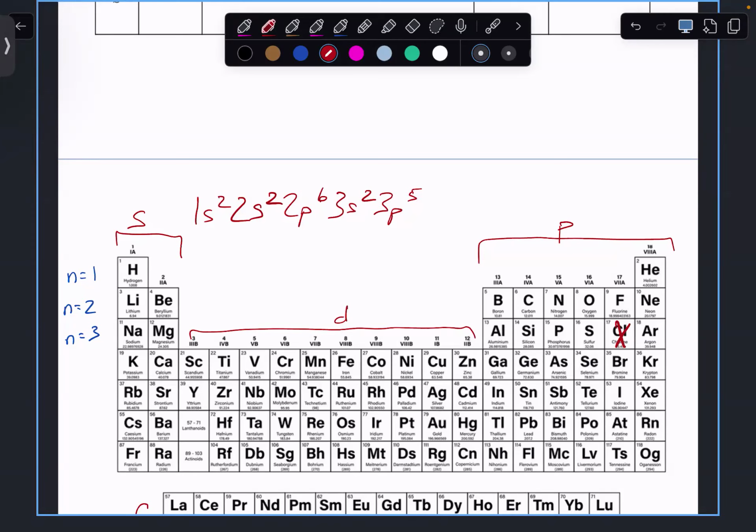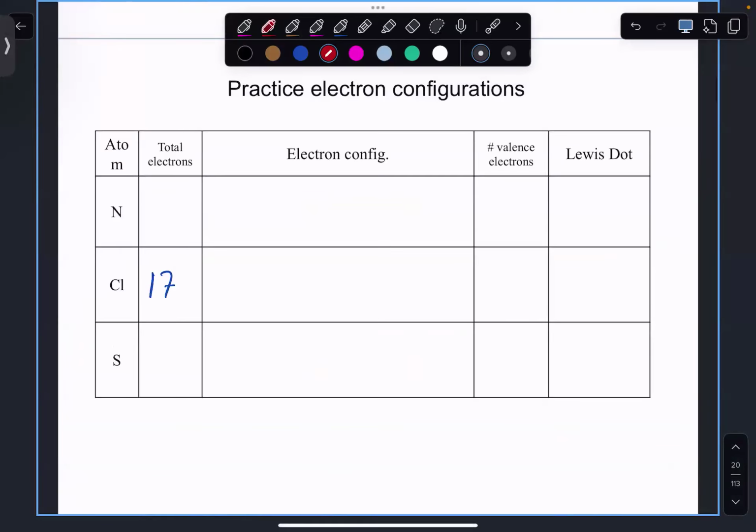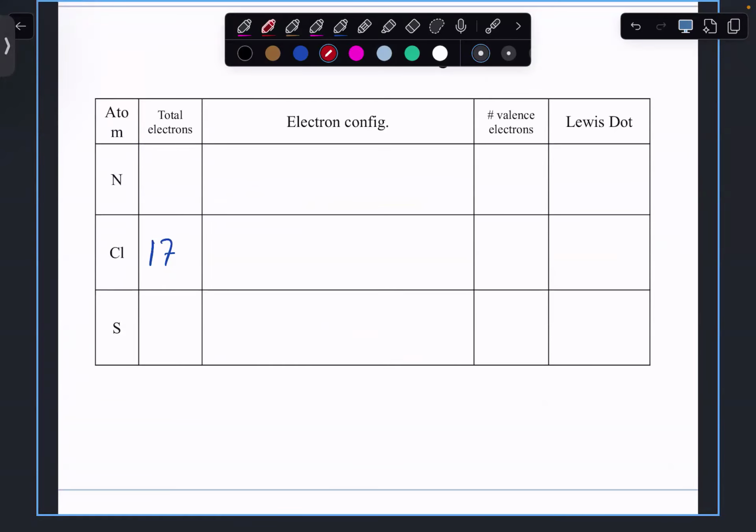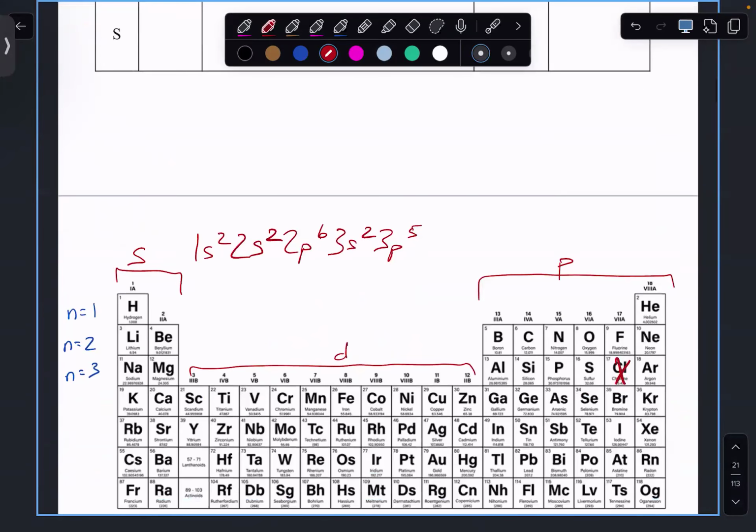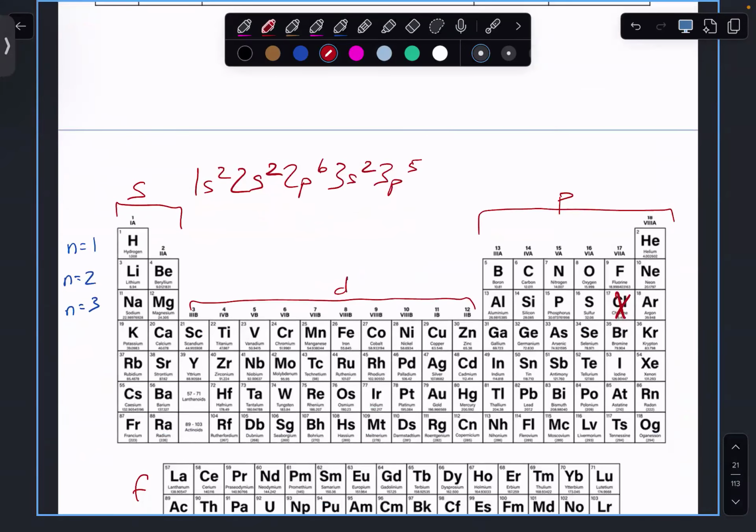So what a lot of times people will do, instead of writing out this exhaustive list, is they'll use a kind of shorthand, what we call noble gas configuration. And the noble gas configuration is really, really easy. You just find the previous noble gas to where you're trying to get.